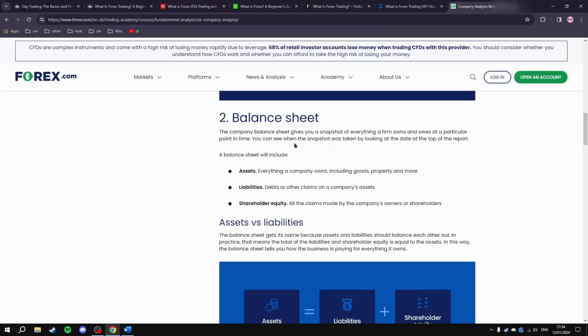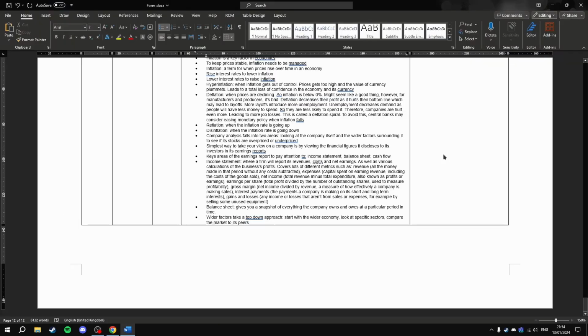You can see when the snapshot was taken by looking at the date at the top of the report.